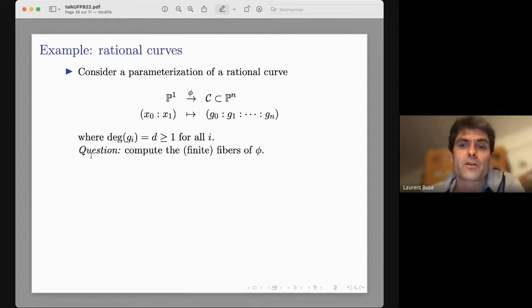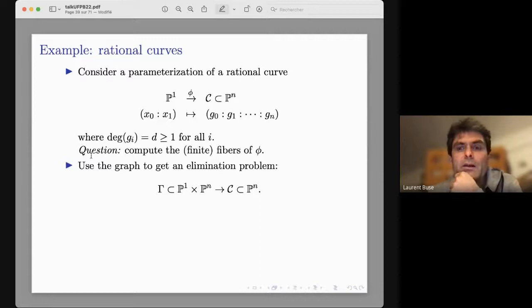And so the question here that is useful in practice is to compute the fibers of the map. You give me a point on the curve, and you want to know the preimages of this point. So you want to know how many x0, x1 correspond to the inverse of your point by phi. Okay? So this is a typical application we would like to do.